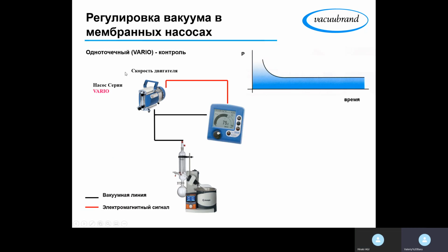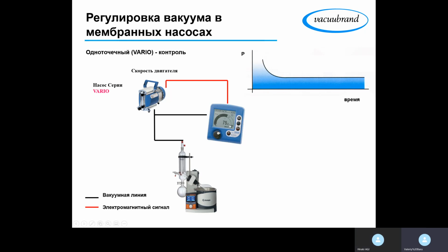Now going to another type of vacuum controlling, which is the controlling of the drive speed. This is the most advanced type of vacuum controlling system, and it operates in the following way. We set a vacuum of, let's say, 75 millibar. Let's imagine our substance boils at 75 millibars.